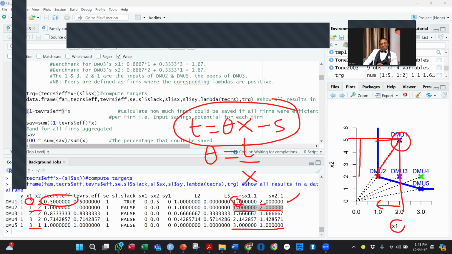Now let's say the same 0.5 multiplied by 5. Remember, the second input is 5. 0.5 by 5. What do you get? 2.5. Good. But that's not what you got here. Why?